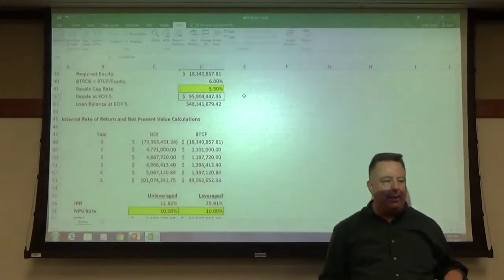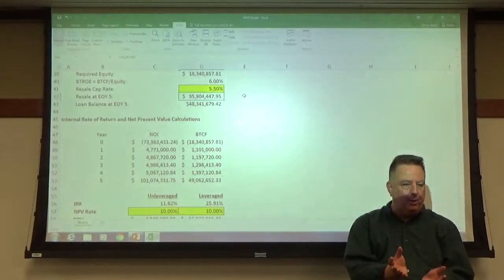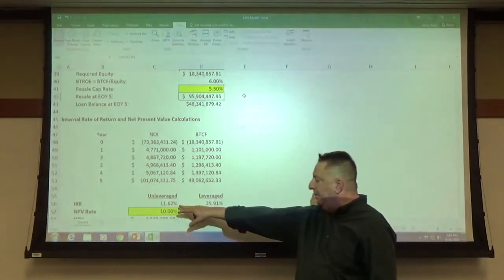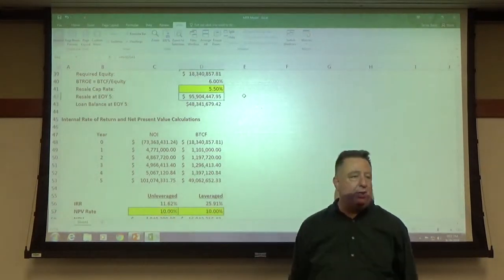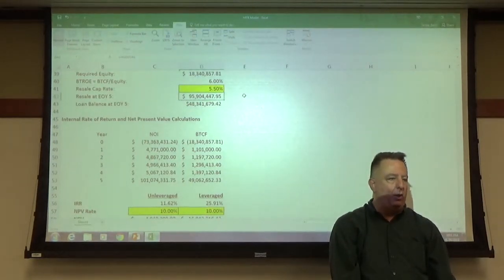So what we're saying is that for this property, taking all of that information together, we're getting basically an 11.62% annual rate of return on this property.